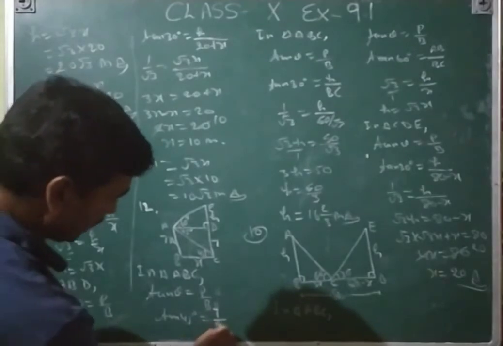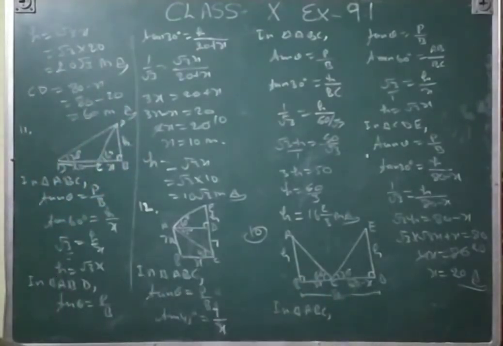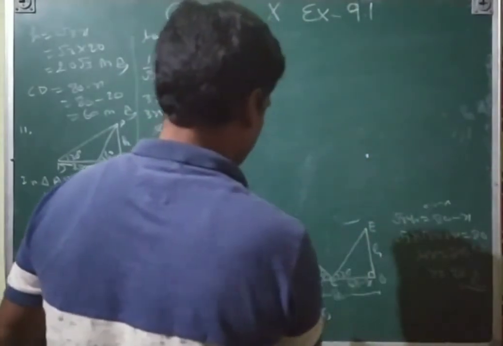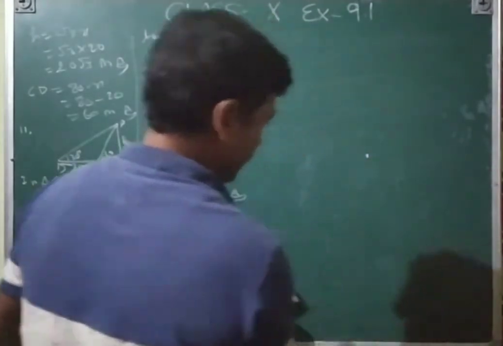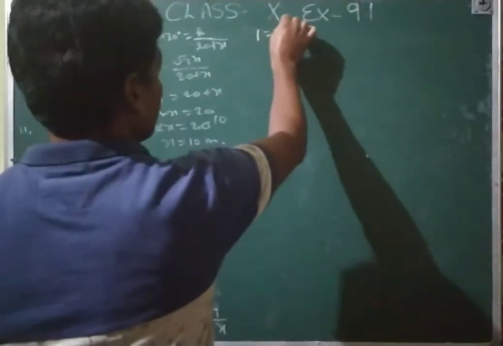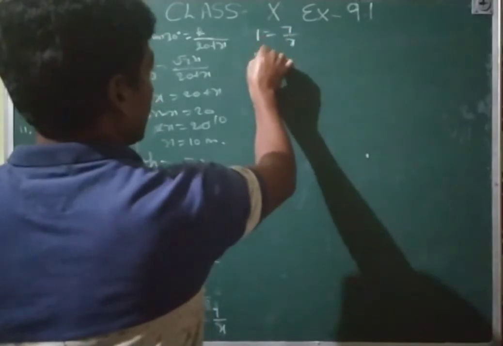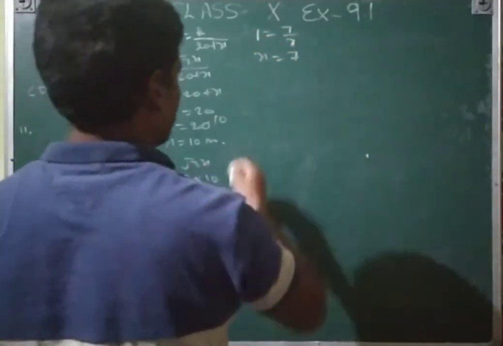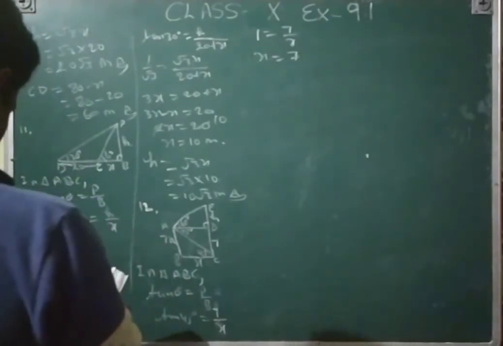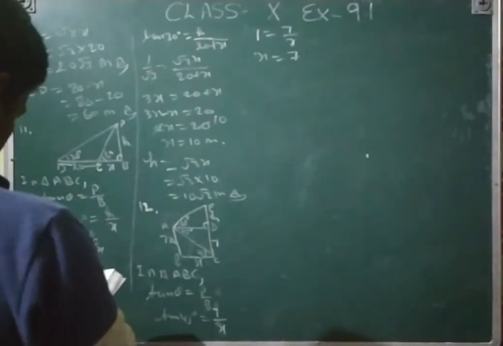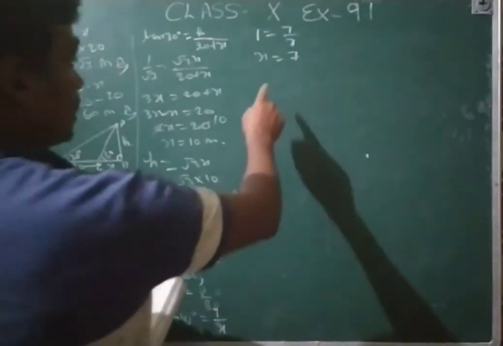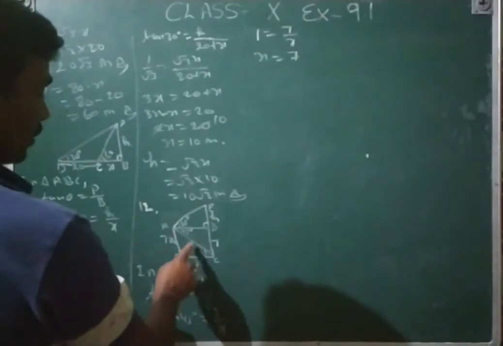So we will write x here. The value of tan 45, we know, is 1. So 1 is equal to 7 upon x, so x is equal to 7. We have found x is equal to 7 here. We need to determine the height of the tower. So this is the 7, so that will be also 7.